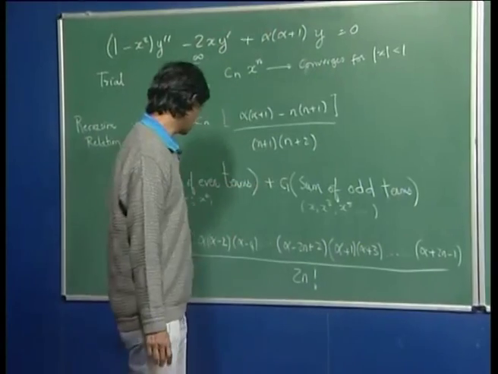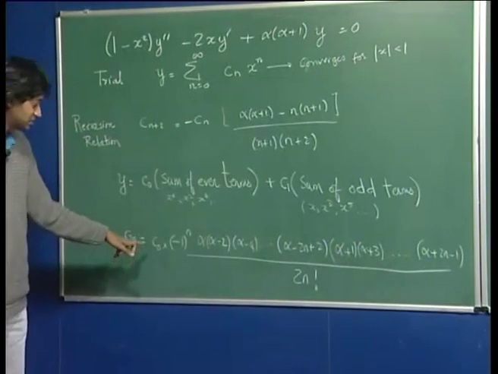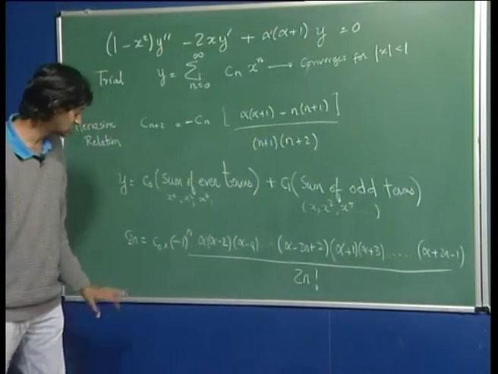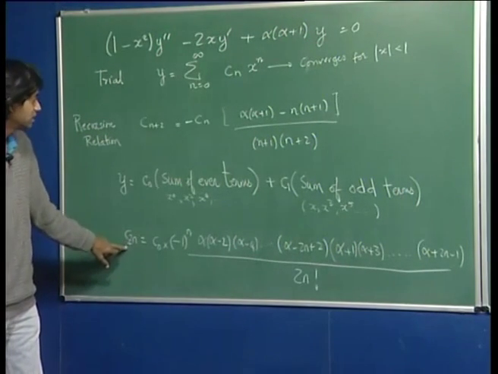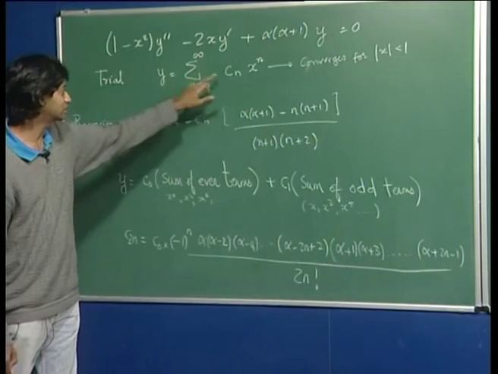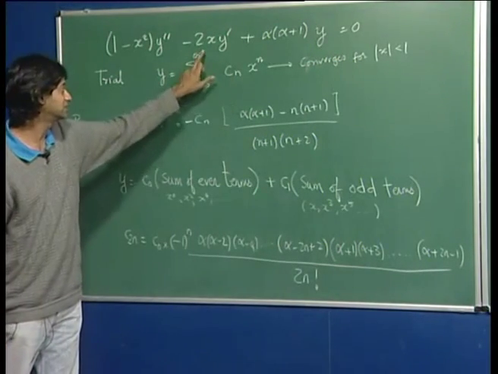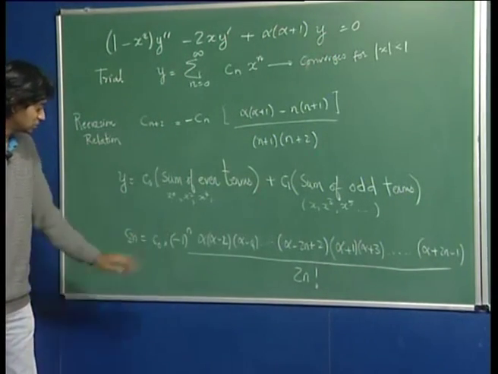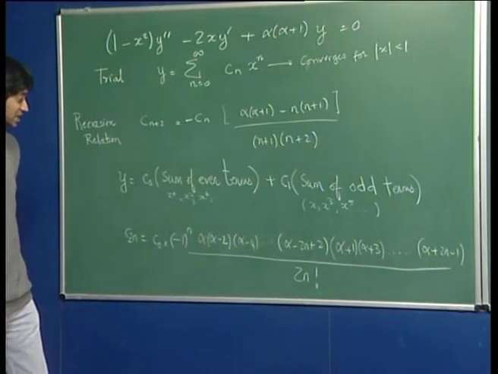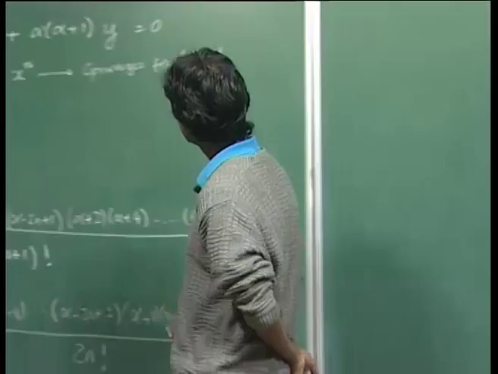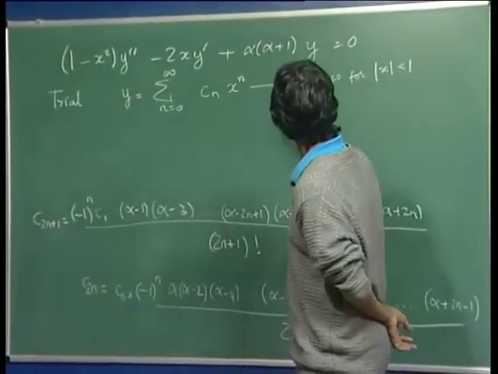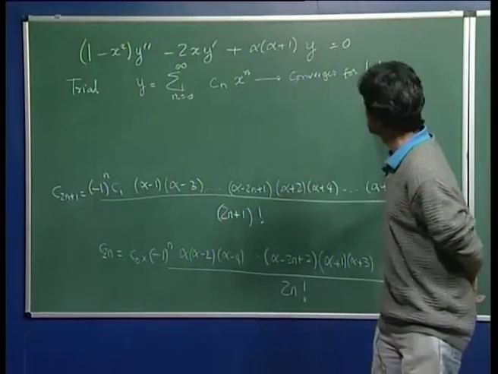Okay. Now, you have to consider what happens to these coefficients. When x equals 1, you just have y equal to the sum over n equal to 0 to infinity of C n, and so you have to look at this series of coefficients and decide whether they converge or diverge.